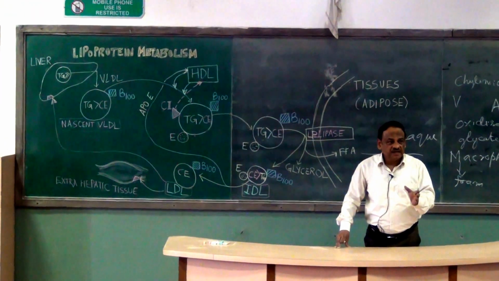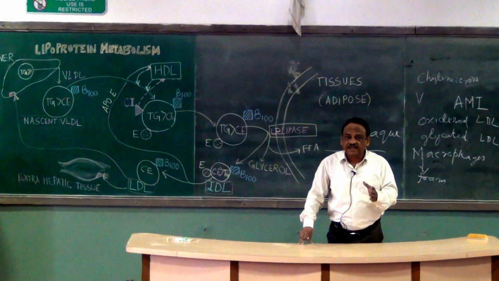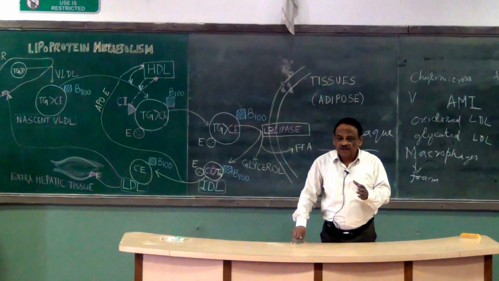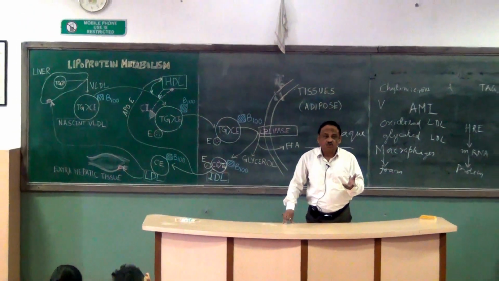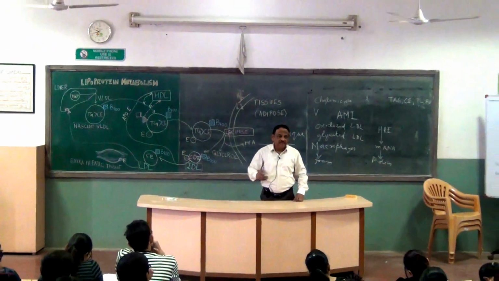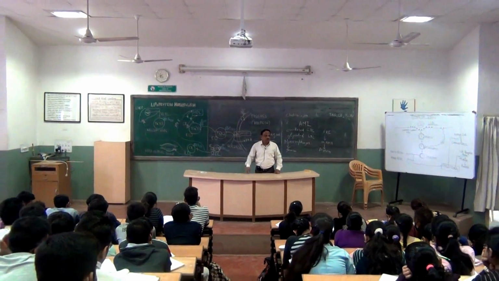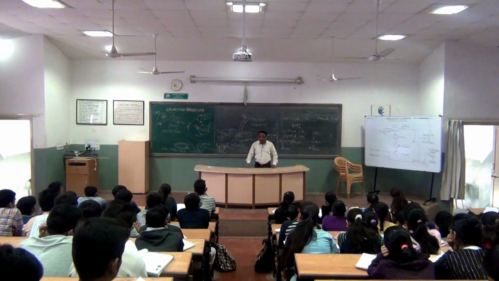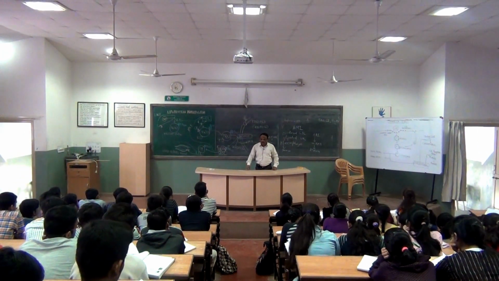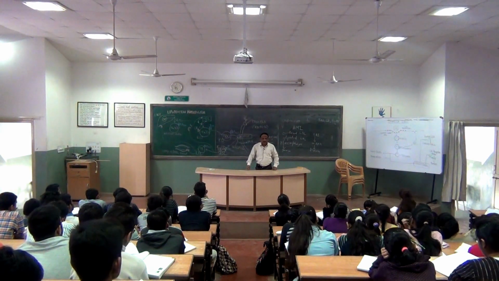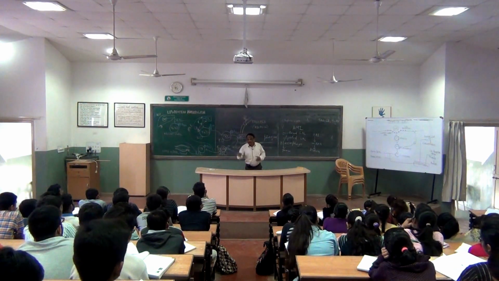From the liver, the cholesterol can be excreted through what? Through bile. So that is a way of removing the cholesterol, and also it can be converted to bile salt. So bile salt also is excreted in the bile. So that is a way of removing cholesterol.